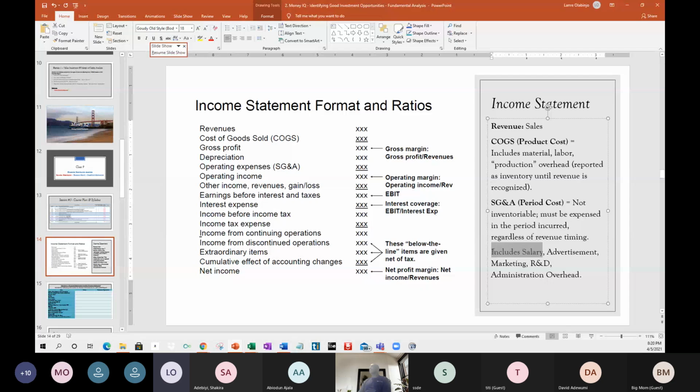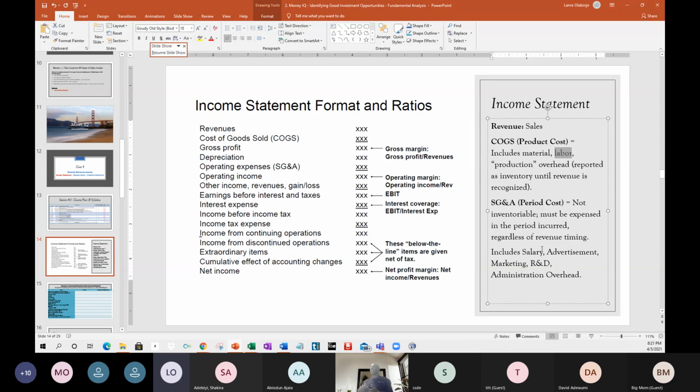It could include some salary. Now, if the salary is labor, remember I said labor is a product cost, right? The people that actually worked on it, or even the overhead of somebody working in the office that is traceable to that particular item, those are product costs. But there are some salaries, like maybe the administrative secretary to the CEO, that cannot be traced directly to a particular product.